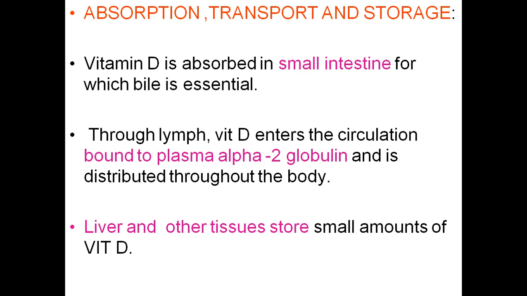So throughout the body, vitamin D is transported with the help of alpha 2 globulin present in the plasma. Through the lymph it enters into the circulation. Now the liver and other tissues store small amounts of vitamin D in the body.